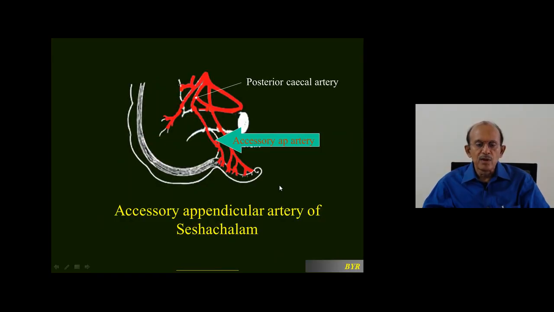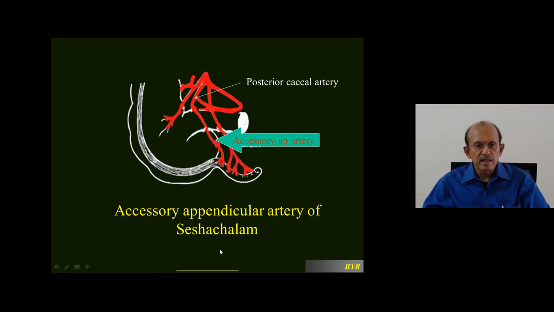In some individuals, there is an additional artery. Not only the appendicular artery, there is one more artery that comes from the posterior cecal artery and gives off a branch to the appendix. This particular artery is called the accessory appendicular artery of Seshachalam. Seshachalam was a professor of anatomy in SV Medical College about 40 years ago.